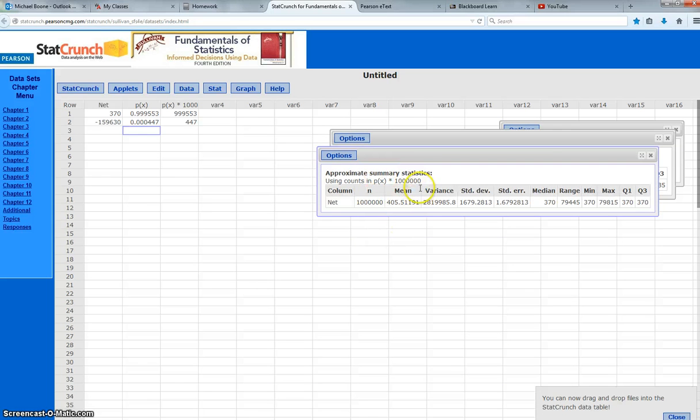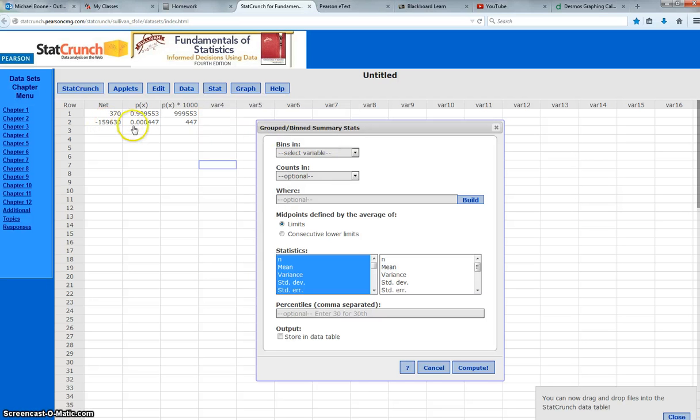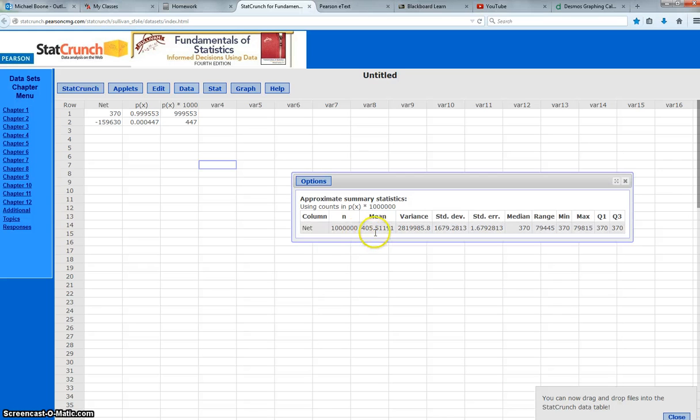I'm not going to make $405 per person. All right, so when we did this one, like this would be in regards to the insurance company. This is an issue with StatCrunch and how it doesn't read negative values. So when we computed this, we'd get an answer of the 405. It is not correct.